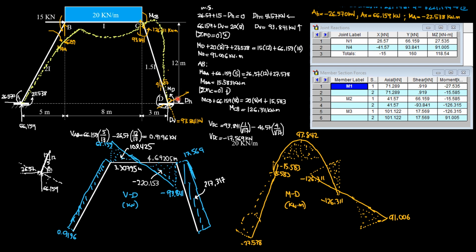So computing the shear in DC, which I assume positive in that direction.